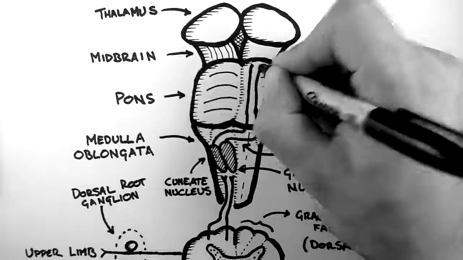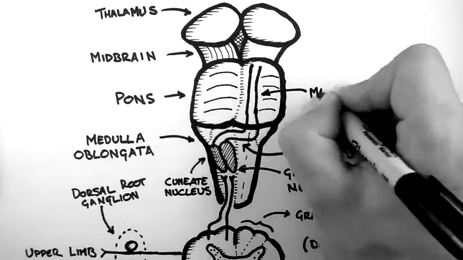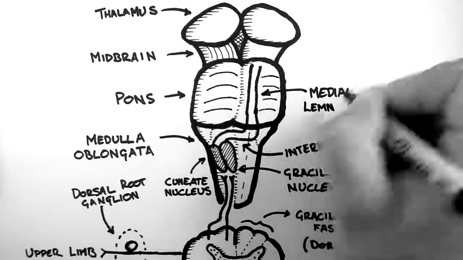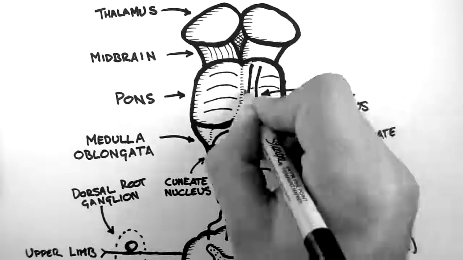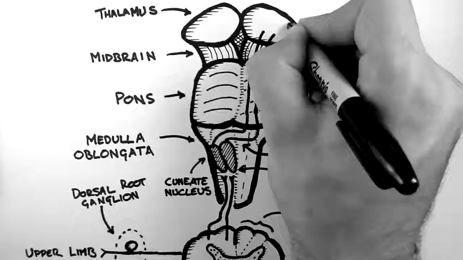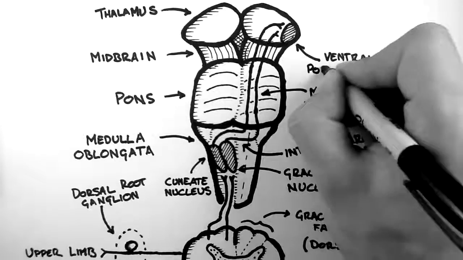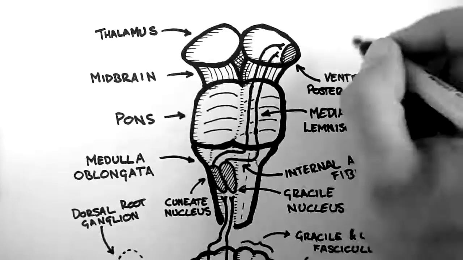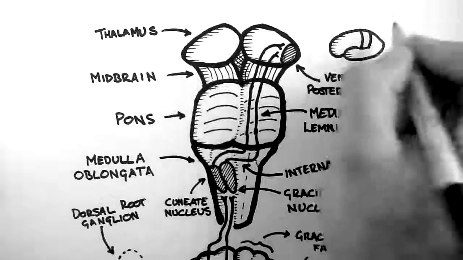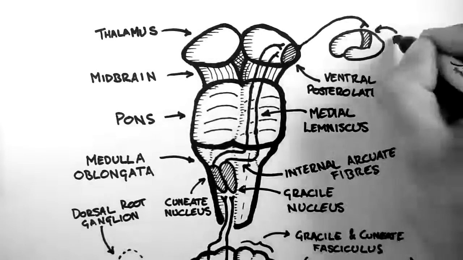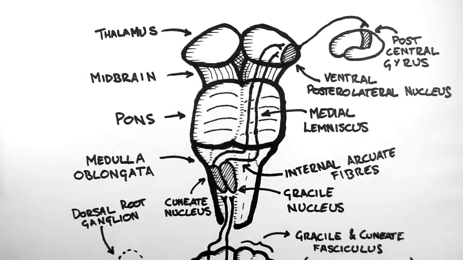Then finally, through the rest of the brainstem, these fibres are known as the medial lemniscus. Finally, they synapse onto a nucleus in the thalamus, known as the ventral posterolateral nucleus, which in turn sends projections to the postcentral gyrus in the cortex. The postcentral gyrus is the primary sensory area of the brain.